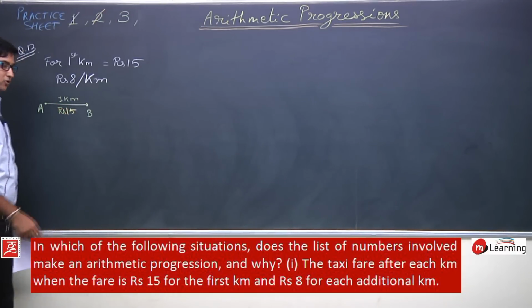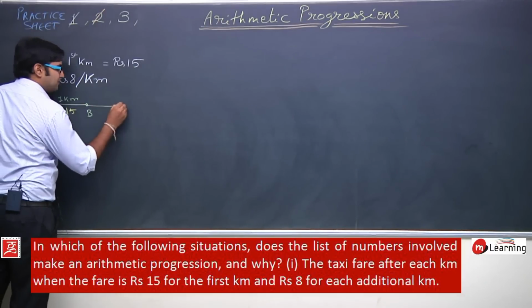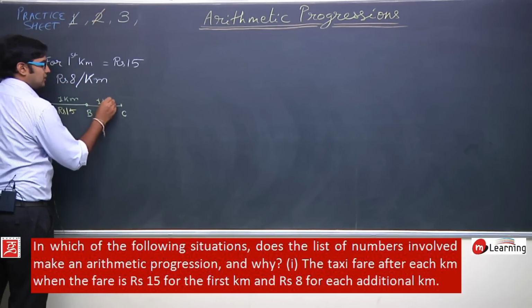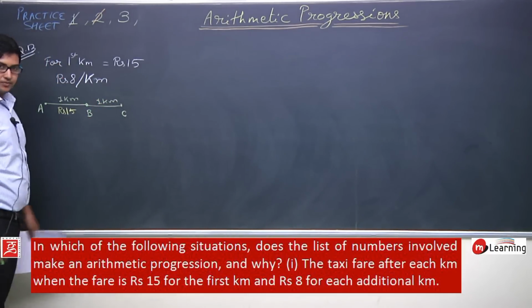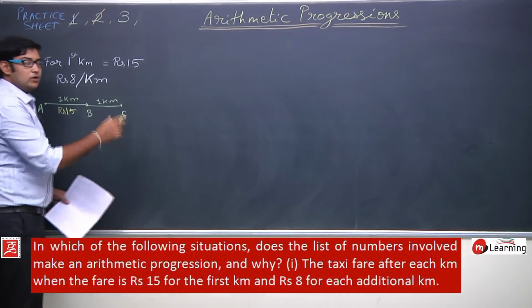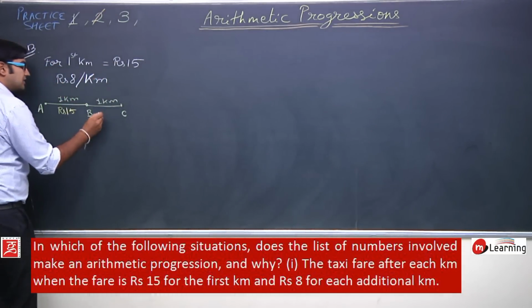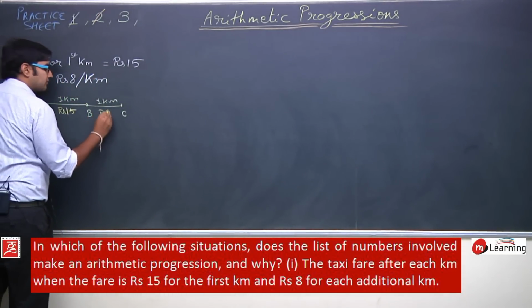After this, if I travel to point C, which is again 1 kilometer away from B, for this distance I need not pay rupees 15, I need to pay rupees 8 for this additional kilometer.